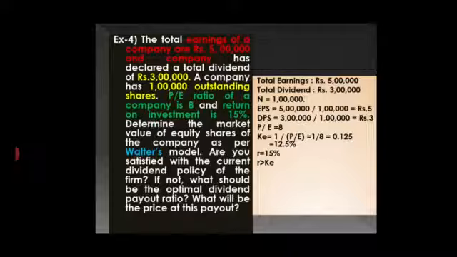And R is given 15%, rate of return is 15%. But we need the value of KE. So whenever the price earning ratio is given, always remember that we need to calculate KE, that is 1 divided by price earning ratio. So 1 divided by 8 is equal to 0.125. So this is the detail.